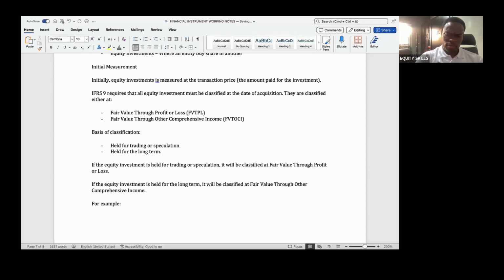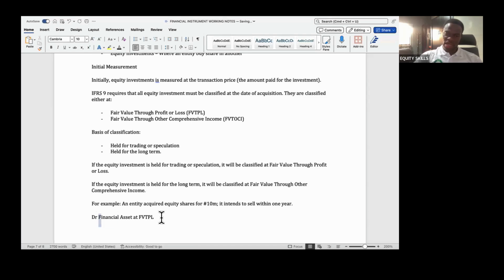So maybe, let's say an entity acquired ordinary shares for, let's say, 10 million. It intends to sell within one year. So this is a candidate for fair value through P&L. In our books, you simply debit the financial assets, or you can call it equity investment, at fair value to P&L.